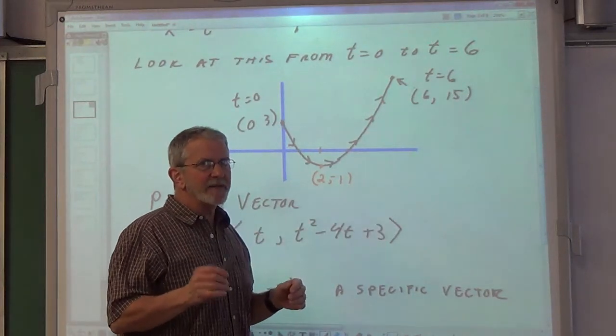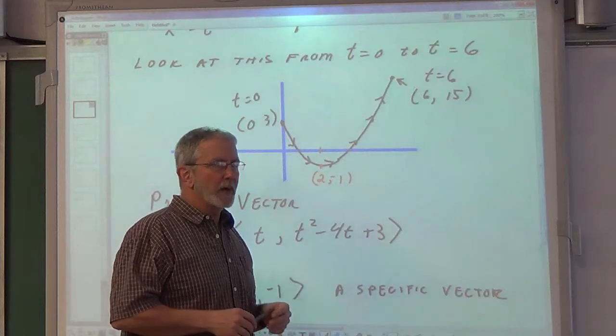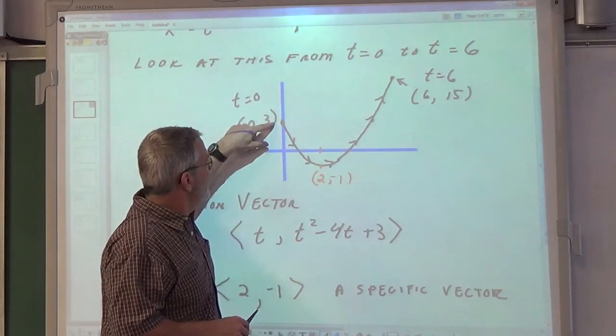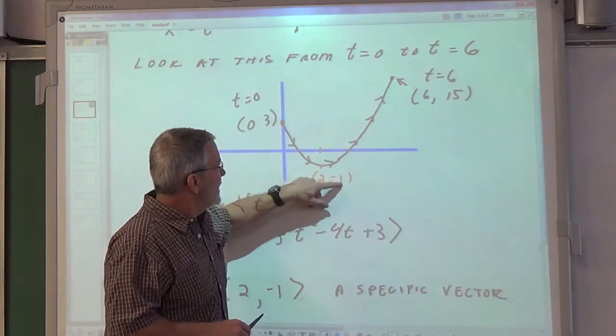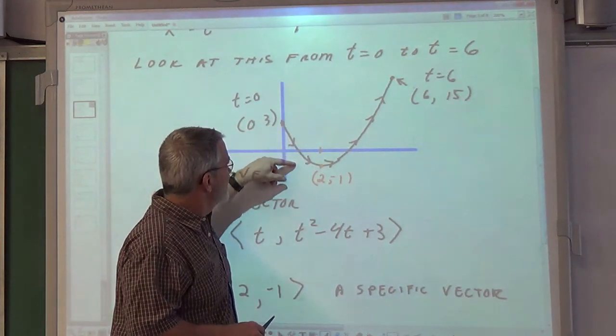Well, what's happening to the y-coordinates of the motion of this bug? Well, the y starts at 3. Then they go down to negative 1, so it looks like the y-coordinates decrease.